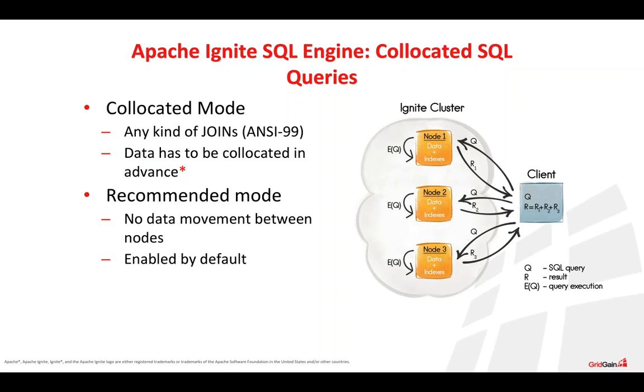For this scenario, all the data has to be collocated, meaning that if you want to join organizations with their specific employees, then all the employees have to be located on the same nodes where their organizations reside. Otherwise, you will get an incomplete or wrong result set.